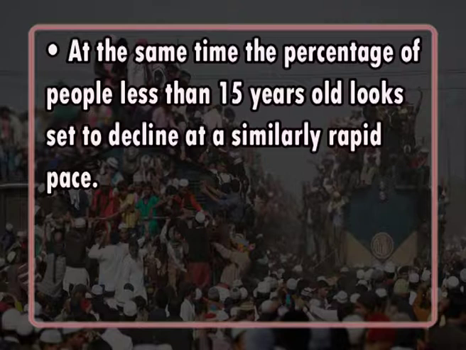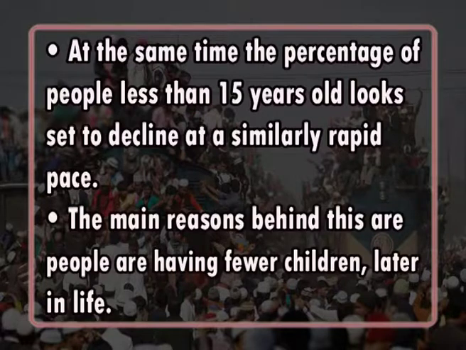At the same time, the percentage of people less than 15 years old looks set to decline at a similar rapid pace. The main reasons behind this are people are having fewer children later in life. The life expectancy of most non-indigenous Indians is increasing, a condition largely due to better medical technology and reduced mortality rates.